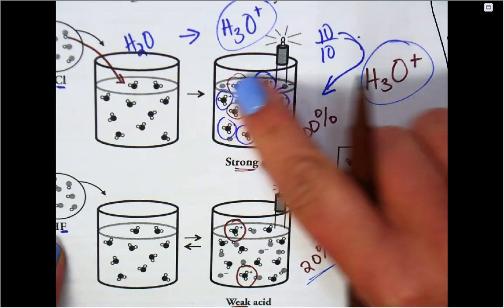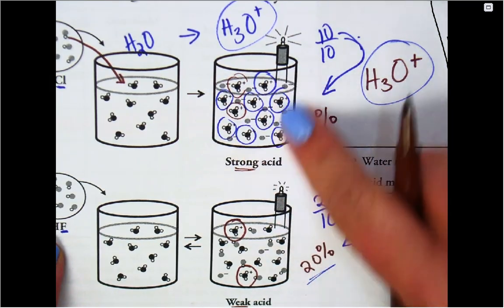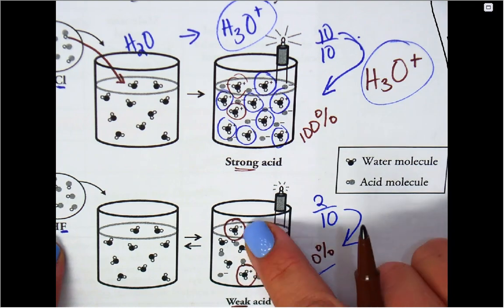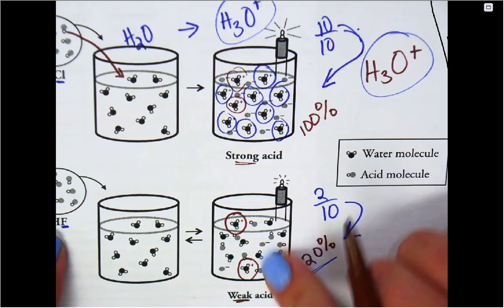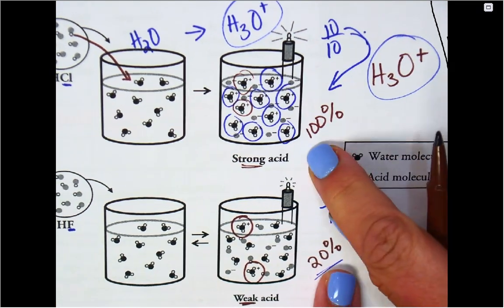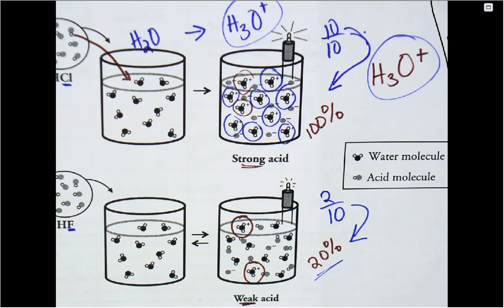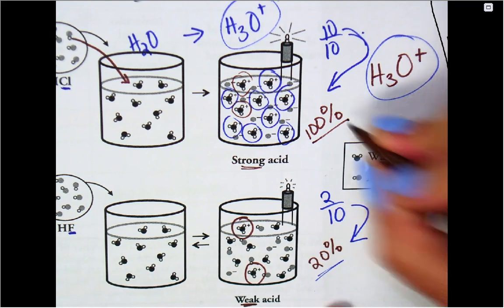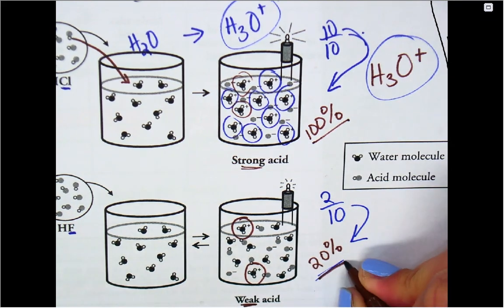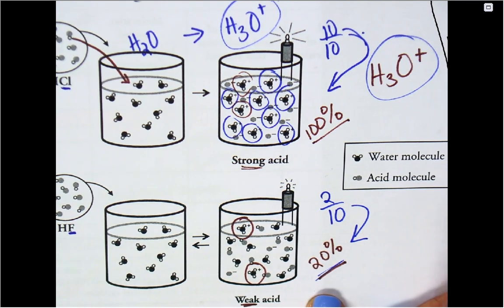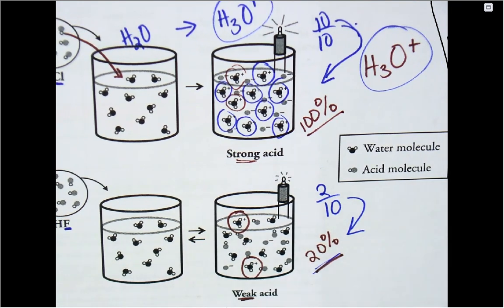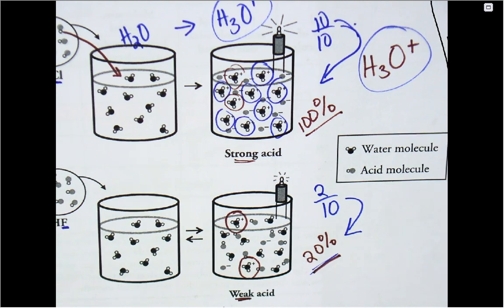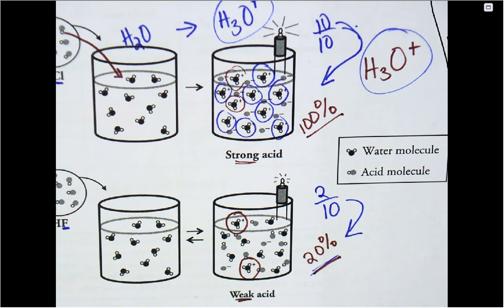But as you can see, this happens 10 out of 10 times. This one only happened 2 out of the 10 times. So this one ionizes or dissolves, dissociates, whatever fancy word you want to use. This one does it 100%, whereas your weak acids are only going to do it 20%, right? Something like that. So it's the whole idea of something completely dissociating. That's where the strong idea is going to come from, okay?